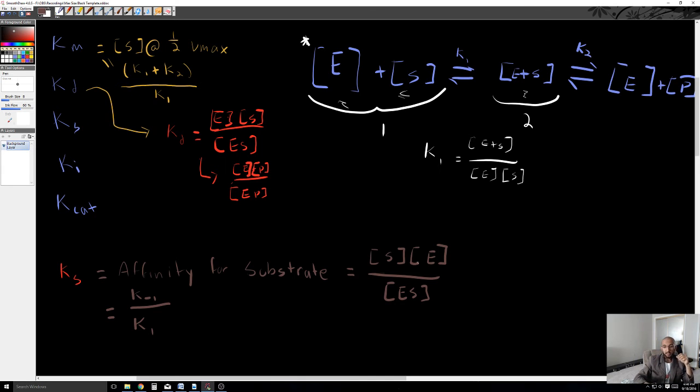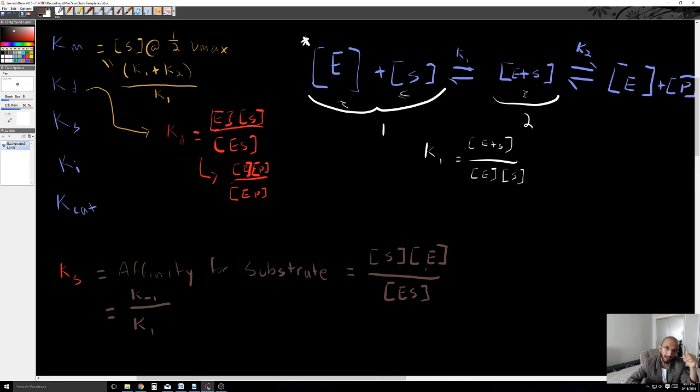As far as Ks, think about it. If we have a high Ks, it means we have a relatively small amount of enzyme substrate complex and relatively high amounts of substrate and enzyme. This means it's more likely to fall apart and be free than it is to bind. This means low affinity. So high Km, low affinity. High Ks, also low affinity.